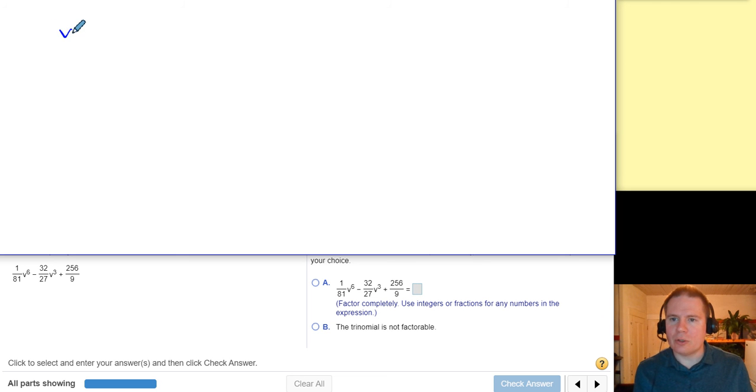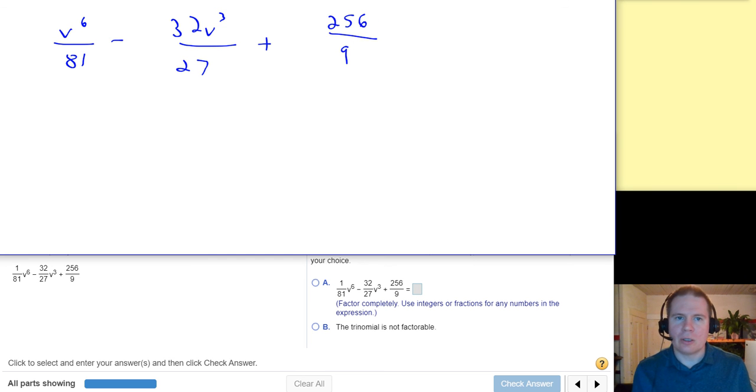So v to the 6th over 81 minus 32v cubed over 27 plus 256 over 9. And so to get that common denominator, I'm going to multiply by 3 over 3 and by 9 over 9.